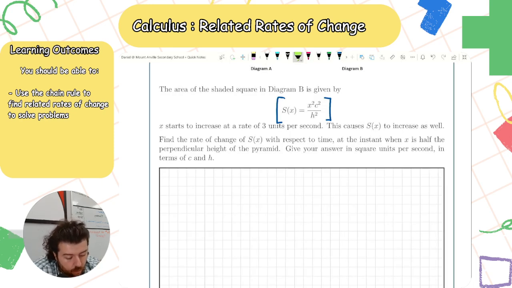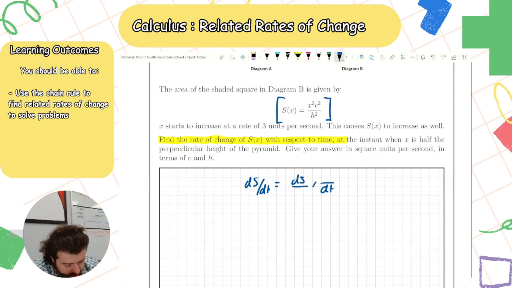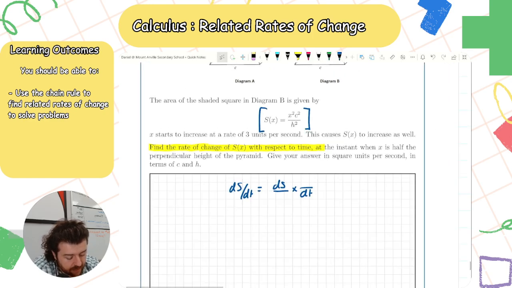So what's asked me to find here? Find the rate of change with respect to time of the area s of x. So that is ds/dt, ds on top, dt on bottom. So what else am I dealing with here?